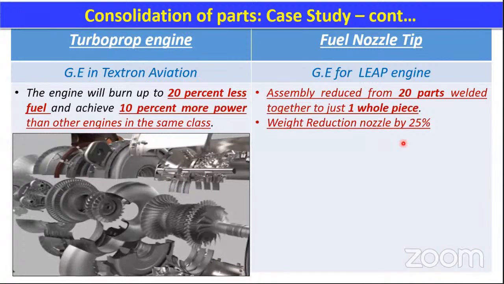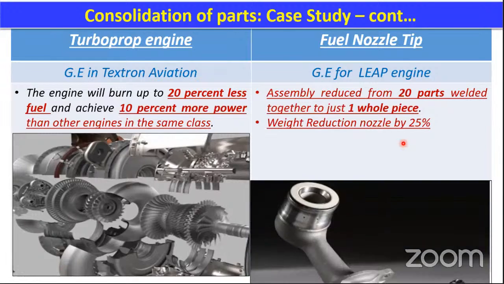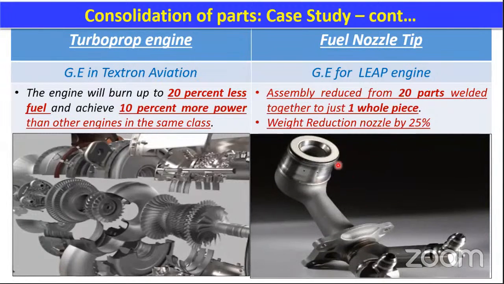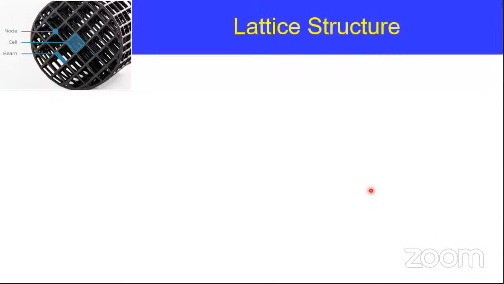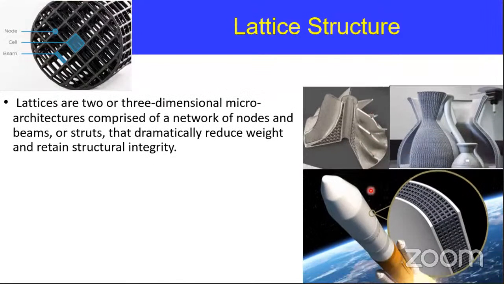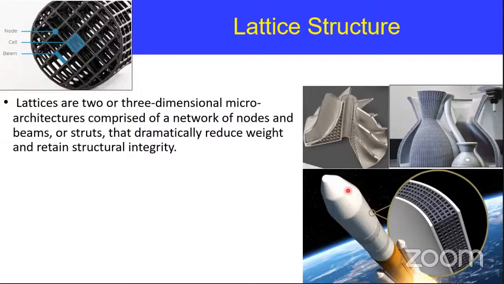And again there is a weight reduction of about 25%. This is one of the nozzles, the fuel nozzle tip, which has been commercialized, and it is running in real time as of now. And for the lattice structure application, as I mentioned, people have already started using lattice structures to save weight, as lightweighting.